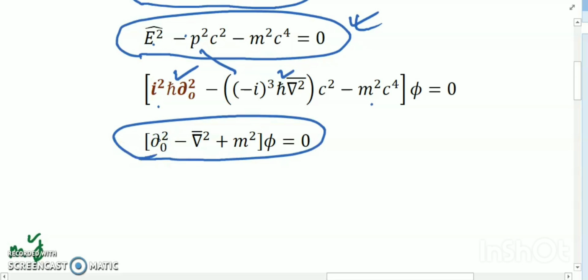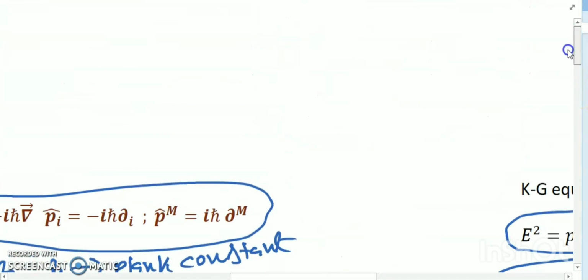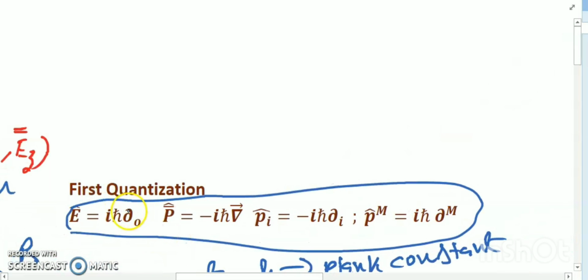So I must remember I discussed first quantization. What is the first quantization? Now it is very important. First quantization: E for energy and P for momentum, the momentum operator. This is the momentum operator.